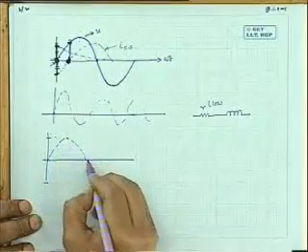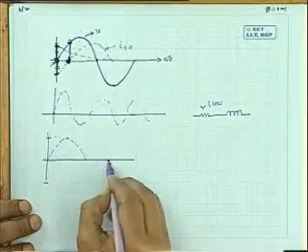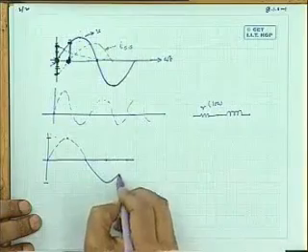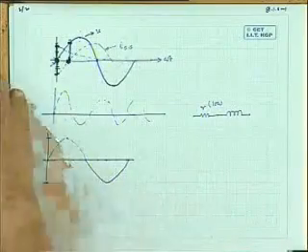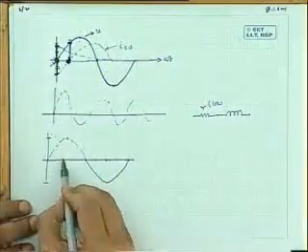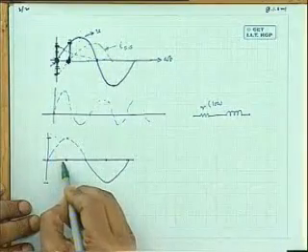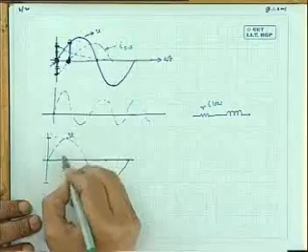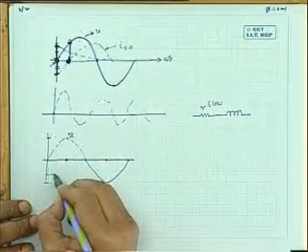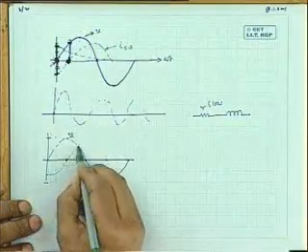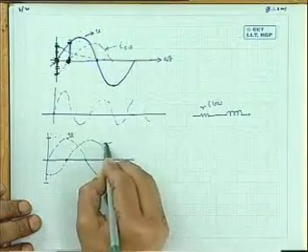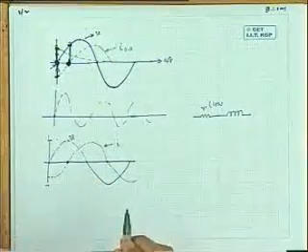Suppose this is the voltage. And the current response in the circuit will be practically lagging 90 degrees. So this is voltage and this is current. It will be somewhat like this. So this will be the steady state current waveform in the circuit.